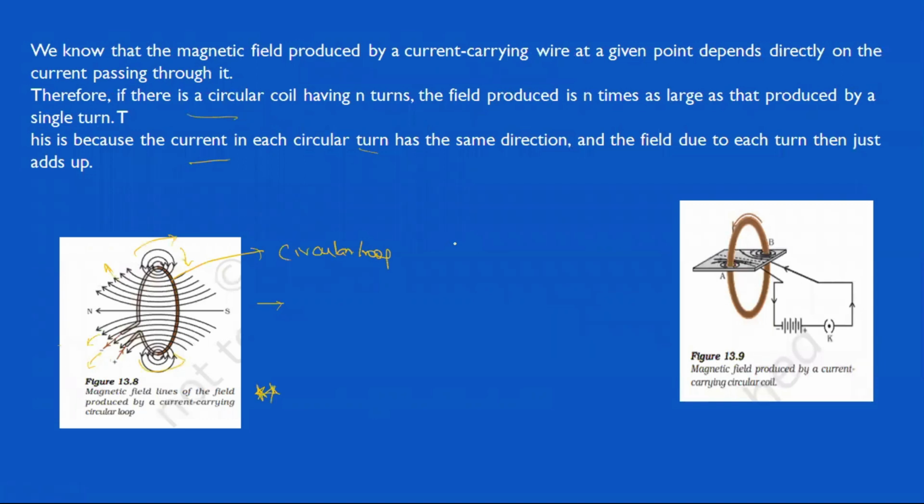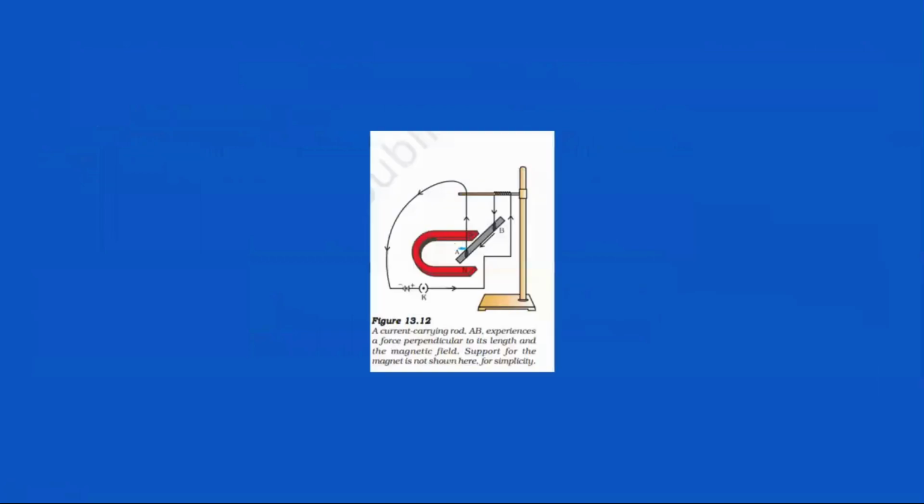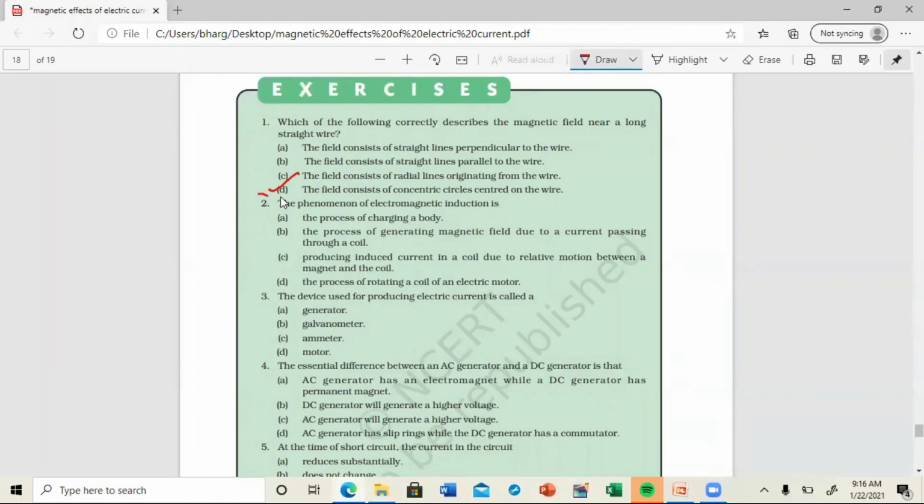Now we will discuss some exercise. Which of the following directly describes the magnetic field near a long straight wire? Option A, the field consists of straight lines perpendicular to the wire. B, the field consists of straight lines parallel to the wire. C, the field consists of radial lines originating from the wire.